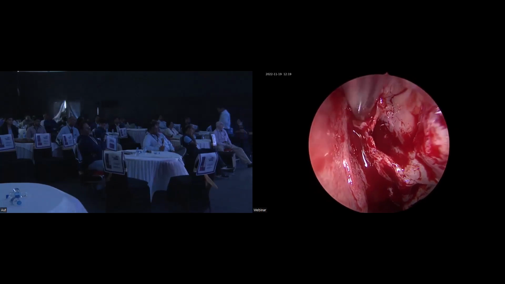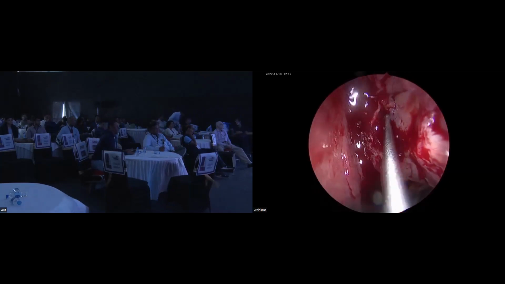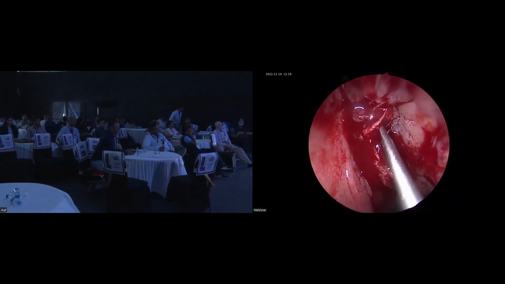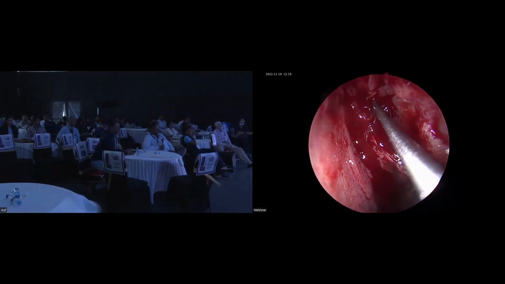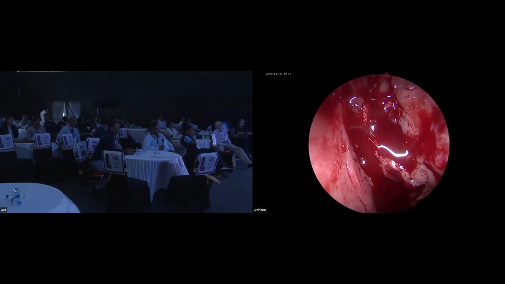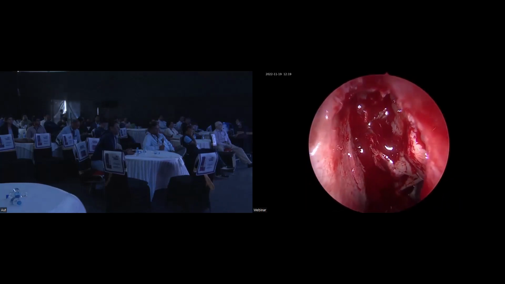Once you have, you can see here that this is reaching, we saw it in the CT scan, it's attaching to the lamina papyracea. So this is forming like a suprabullar terminal recess, which is also diseased.